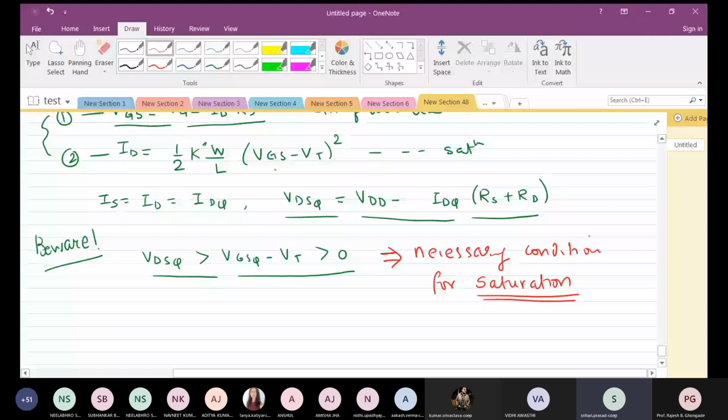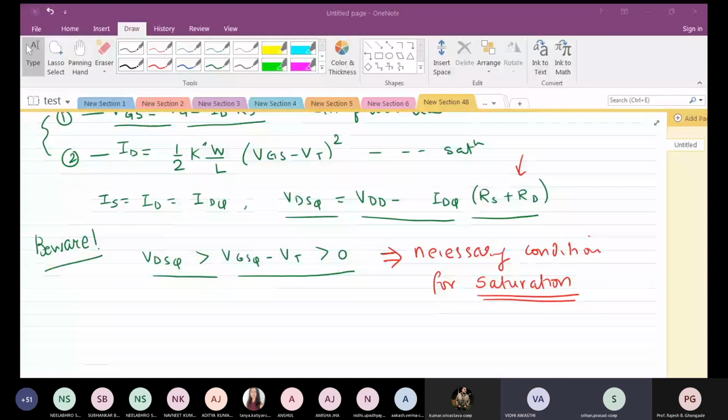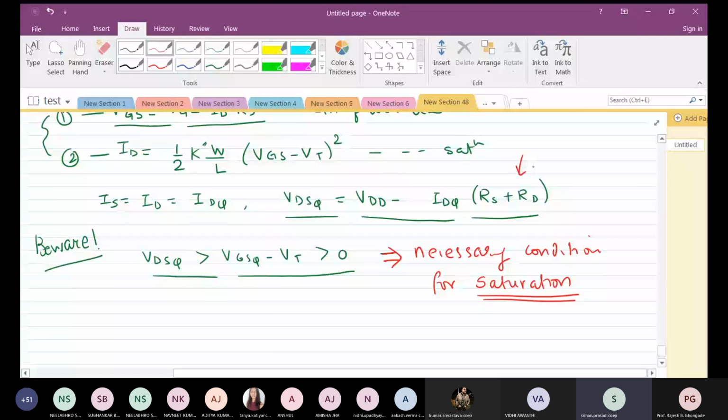If RD is large, will your VDSQ be sufficiently large? Or conversely, if RD is large, VDSQ will be small.